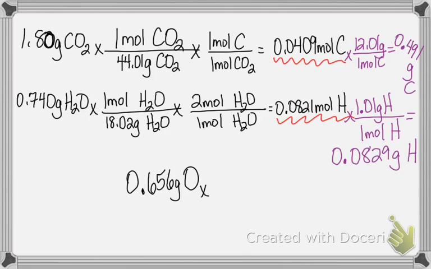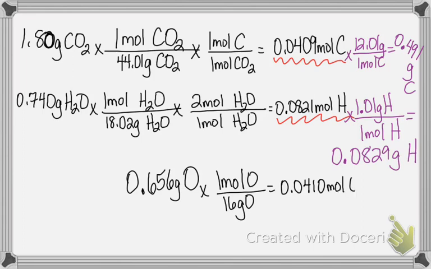Periodic table, because we know that 1 mole of O is 16 grams of O. So what do y'all get for the moles of the O? 0.0410 moles of O. Does everybody get that?